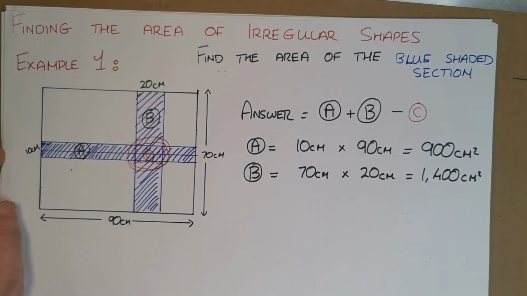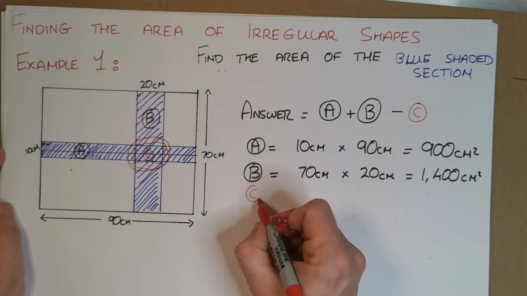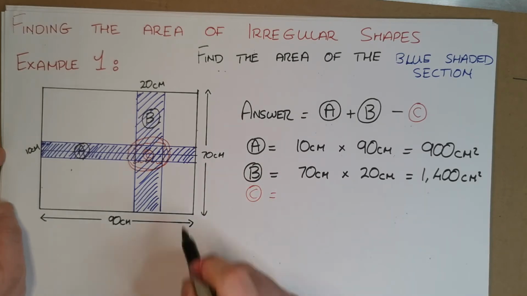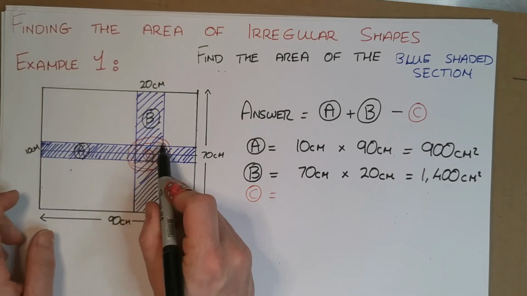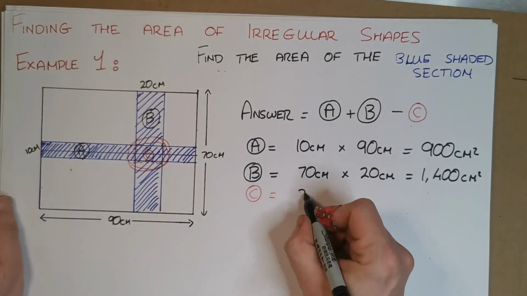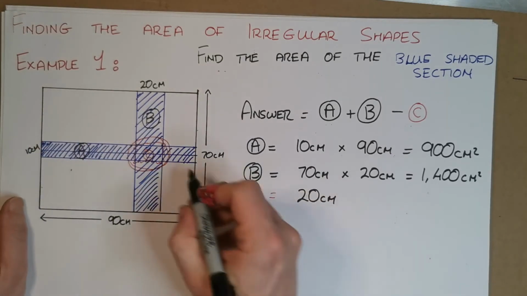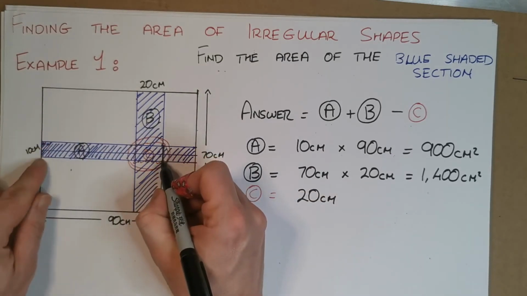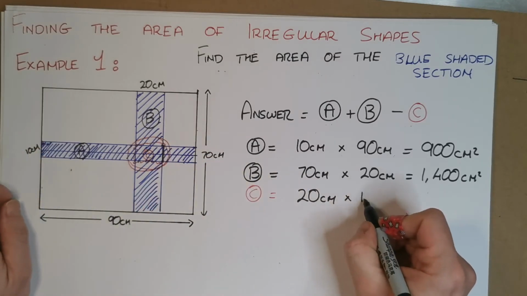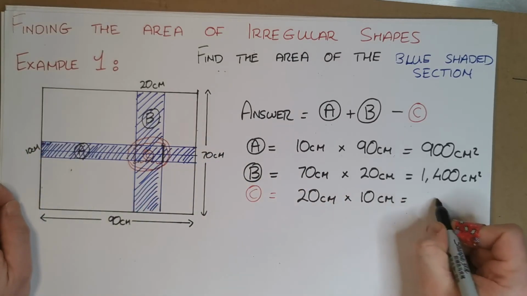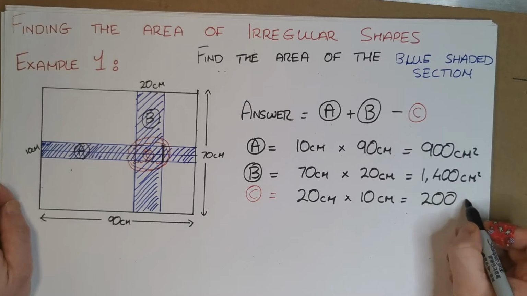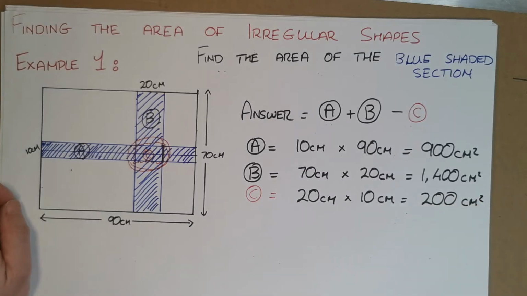Now let's look at C. How do we get the dimensions of C? C has a width from here to here, which is equivalent to this width of 20 up here, so it has a 20 centimeter width and a height of 10 centimeters, which gives us 200 centimeters squared.